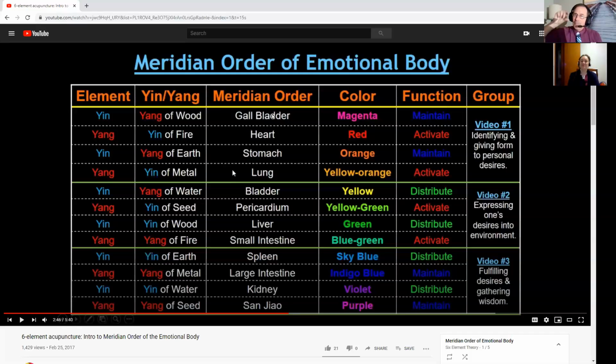And so that's the bladder and pericardium working together. The bladder is searching, and then the pericardium is sensing where that desire needs to be in order to be fulfilled. The pericardium is the moon, the sign Cancer, the fourth house, family, home, belonging.